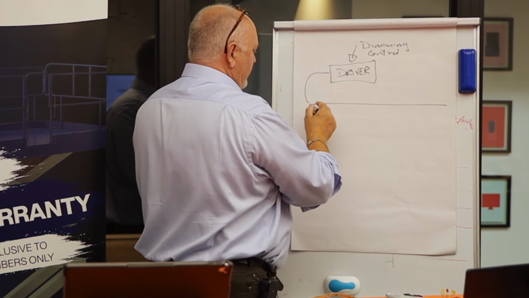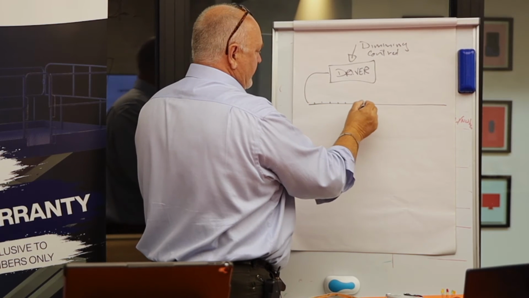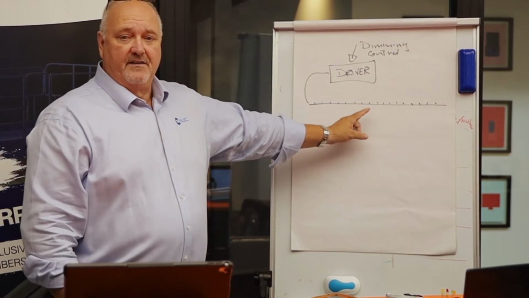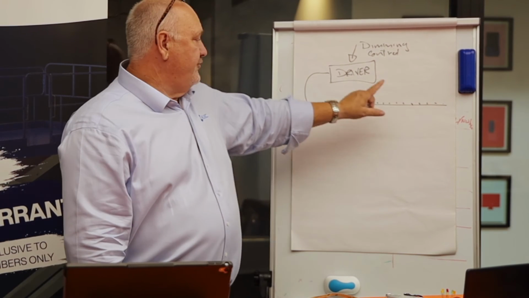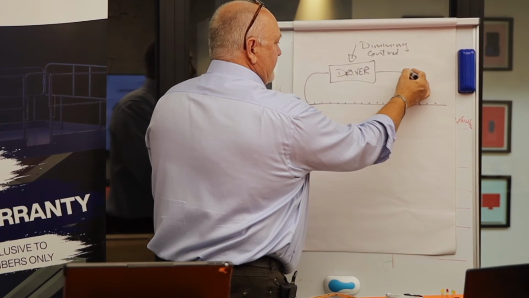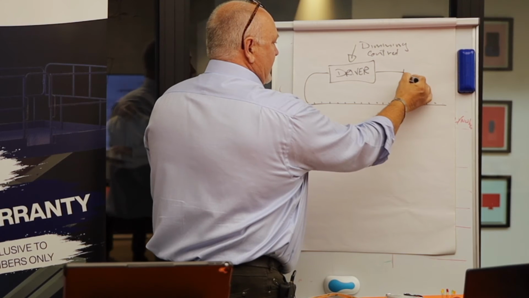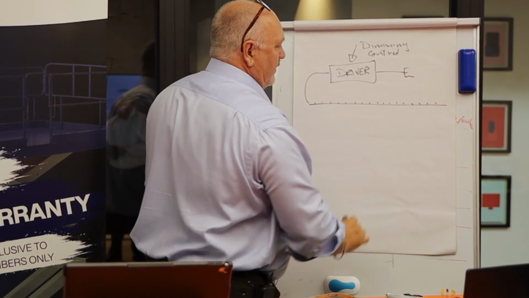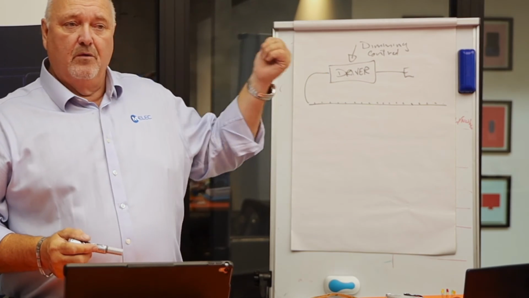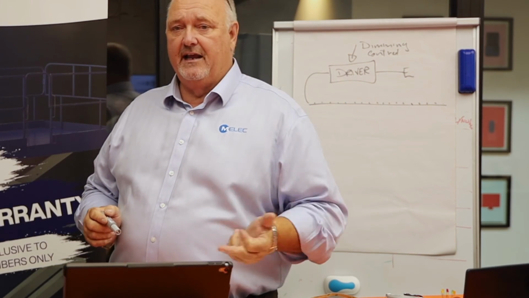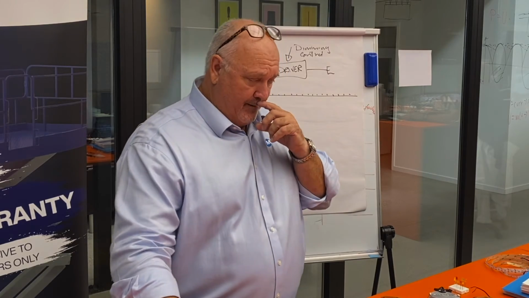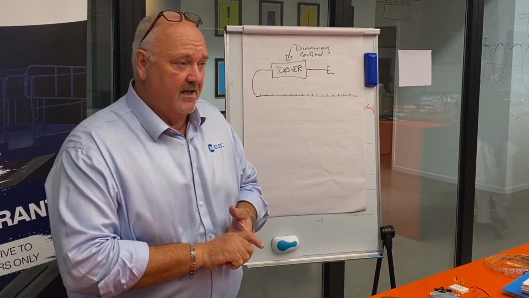This LED strip is just the innocent party. The driver is what actually gets dimmed. So that normally goes to PowerPoint or whatever it might be. That's what we dim. And with that, we normally either use leading edge, trailing edge, or triac dimming, which are all pretty much the same. They're all domestic dimming protocols.